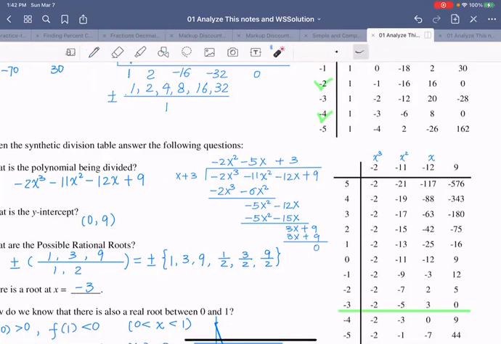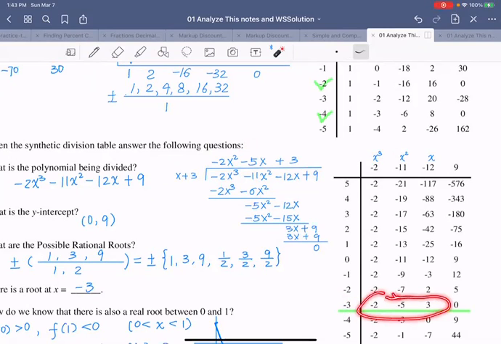After you do this long division, you find out this is divisible. This polynomial is divisible by this one because the remainder is 0, and this is the quotient. When you have -3, if you do the synthetic division, you have -2, -5, 3.